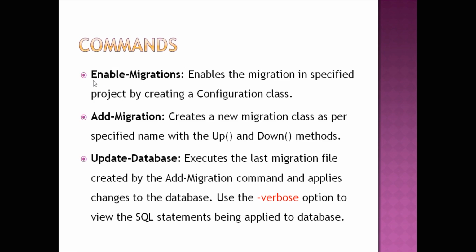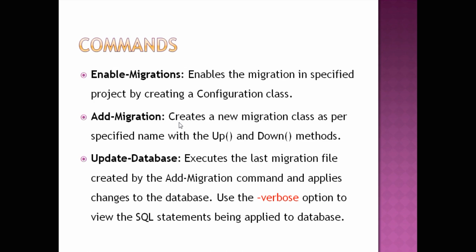This will be executed only once at the initial stage of migrations. As we studied in automated migration, the enable migrations command creates a configuration class, so here also it will create a configuration class. We are going to see the practical demonstration of it, so it will be more clear to you.